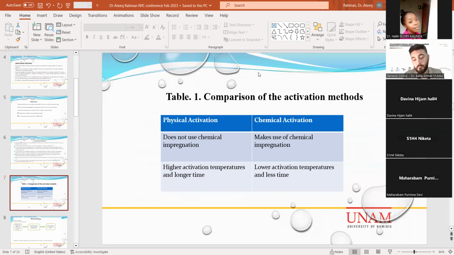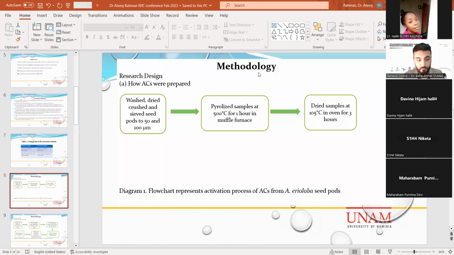Chemical activation uses chemical impregnating reagents, mostly dehydrating reagents such as H2SO4, HNO3, HCl, zinc chloride, etc. Bases are also used, such as sodium hydroxide, sodium carbonate, potassium hydroxide, etc. Physical activation needs higher activation temperatures and longer reaction time, while chemical activation needs lower temperature and less time.